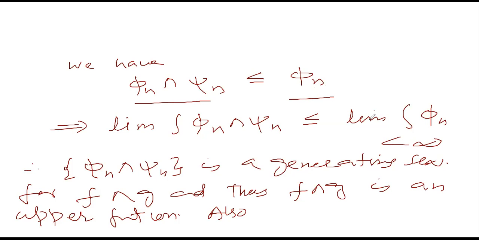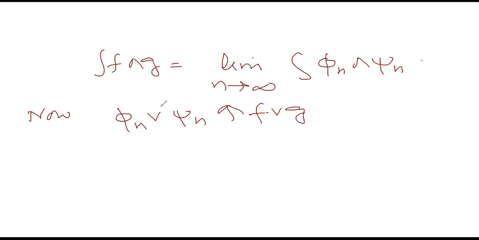Then I have applied that this phi n is a generating sequence for f, so this integral is finite. Therefore, the limit of this integral is also finite. That's why I have first taken the meet. So now look at this. This limit is equal to f join g. So we try to prove this is the generating sequence for f join g, which will prove that f join g is an upper function.